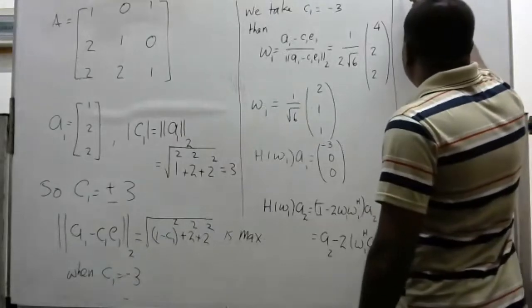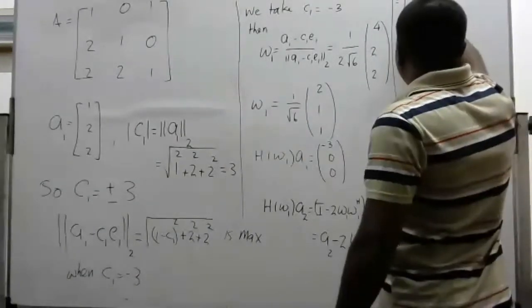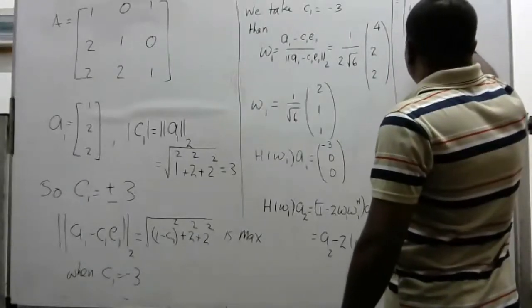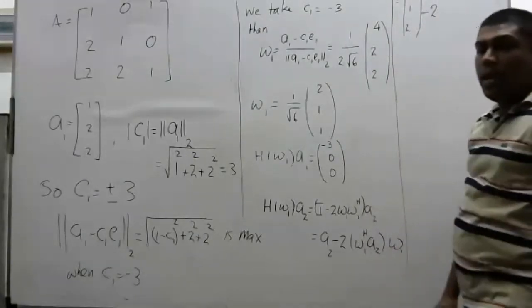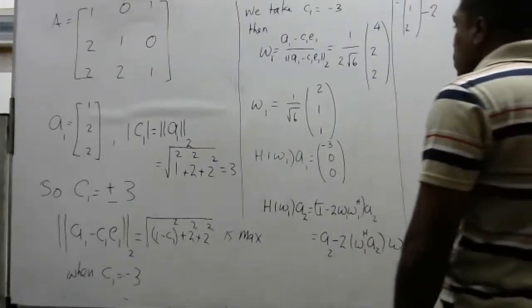And so here you can easily see that A2 is this, the second row 0, 1, 2, minus 2 times omega 1 Hermitian.